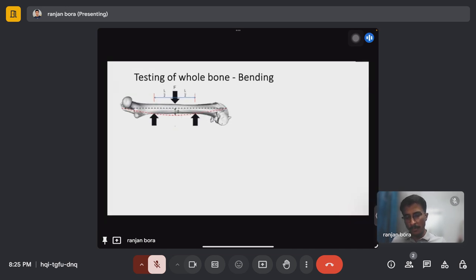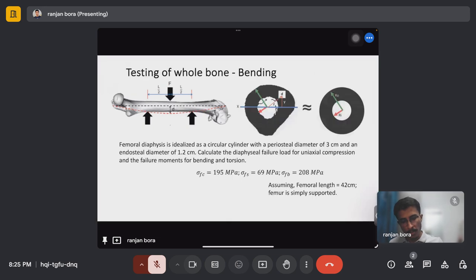Next we will take one more problem. This problem involves bending and twisting and also the compressive load in a bone. So the question is: femoral diaphysis is idealized as a circular cylinder with a periosteal diameter of 3 cm and an endosteal diameter of 1.2 cm.